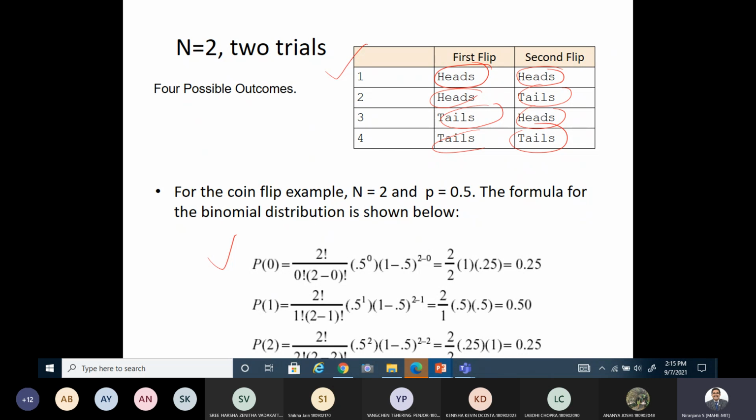Now, the probability of getting 0 head is P of 0. K success, P of K, where K is nothing but success. So when K is equal to 0, that is the last one in the table we are talking about. P of getting 2 tails, nothing but no head, right? In this case, there is no head. So the probability of getting no head, you calculate here as P of 0.